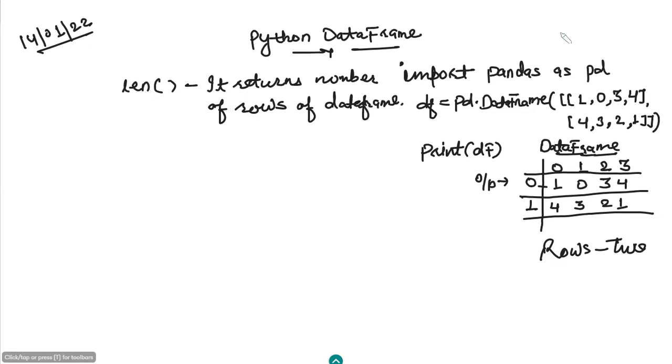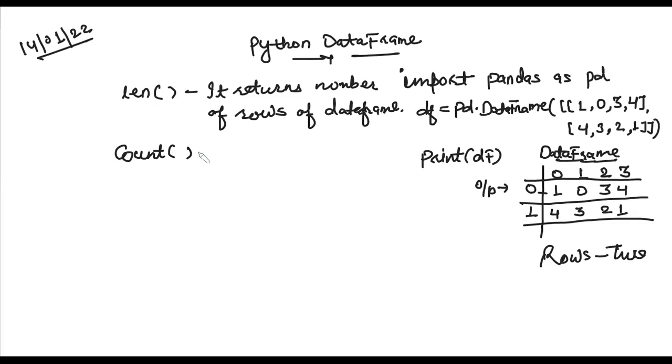Now the next function is count. This is a very important function of data frame, right? So what is the working of that function? Can you please tell me? Do you have any idea about this?